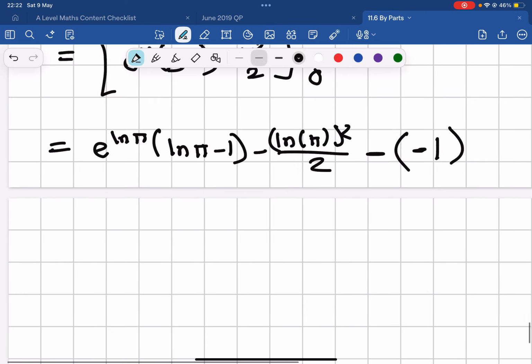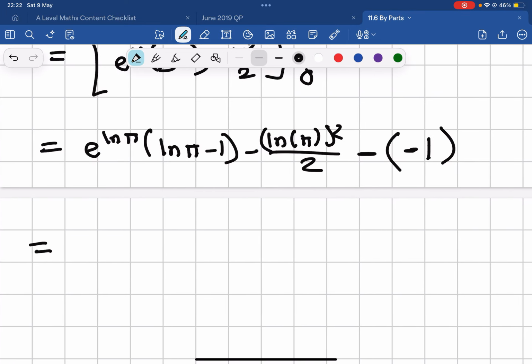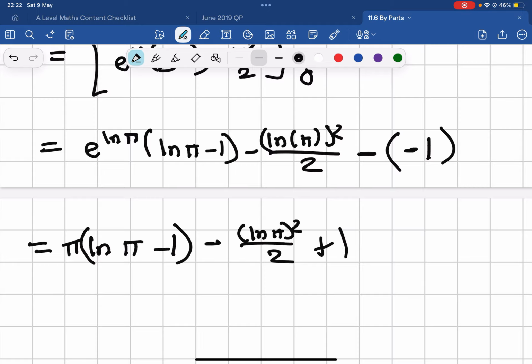So all of that just becomes plus 1. Sorry, e to the ln pi is actually pi. Then minus ln pi squared over 2 minus 1, so just plus 1.